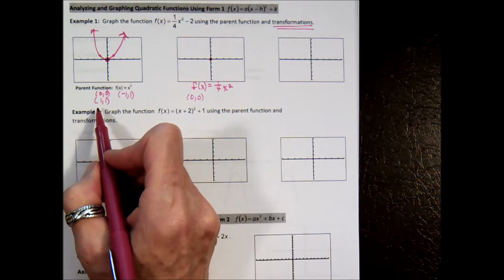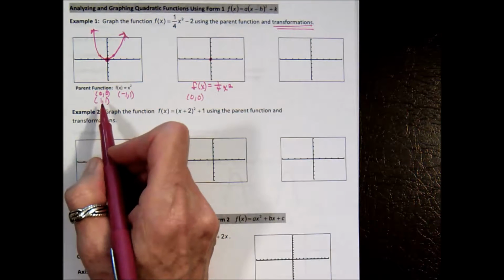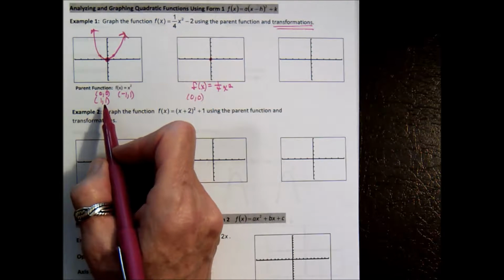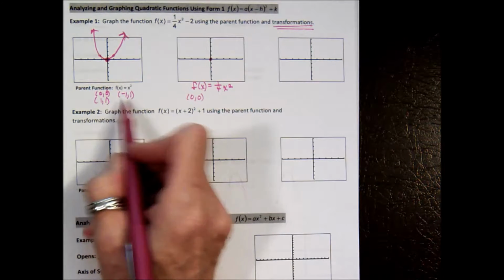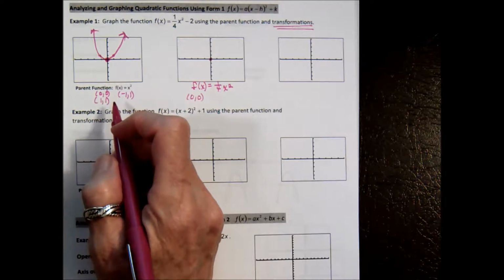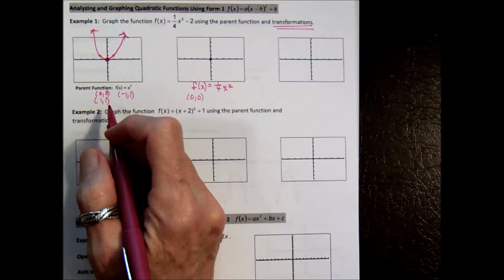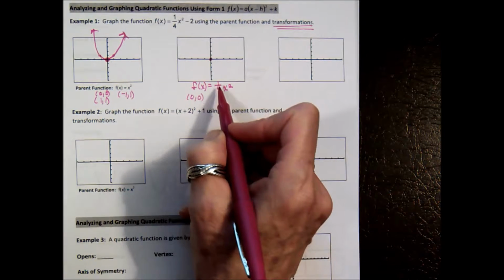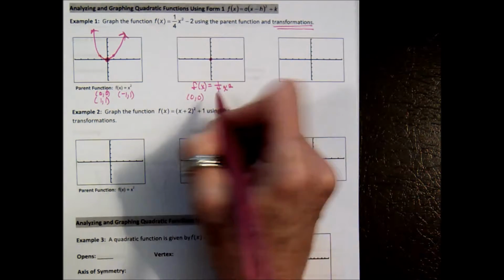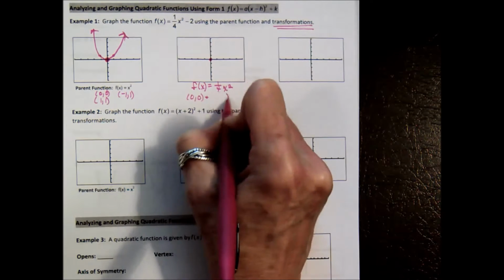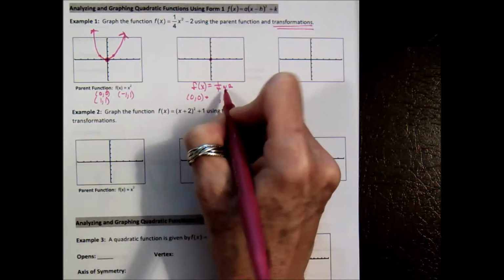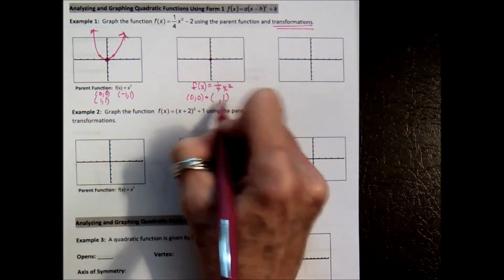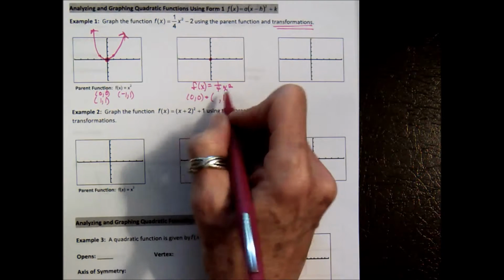But instead of going through the point 1, 1, and some of our other points, we're going to multiply our x squared by 1/4. So let me just show you what I mean. If x is 1, x squared is 1, excuse me, not x, that was y.